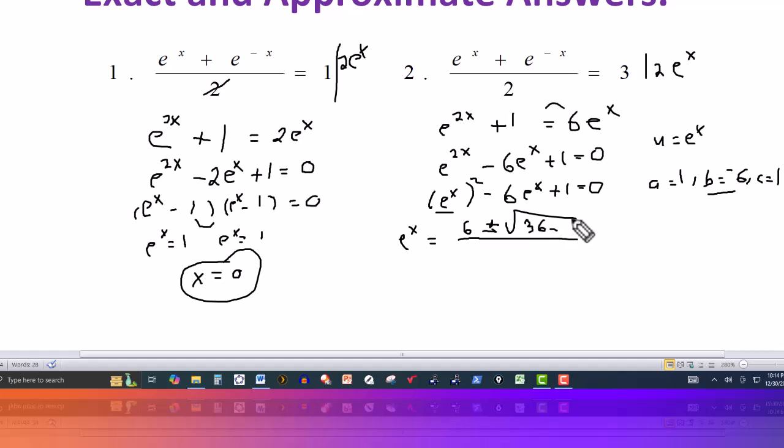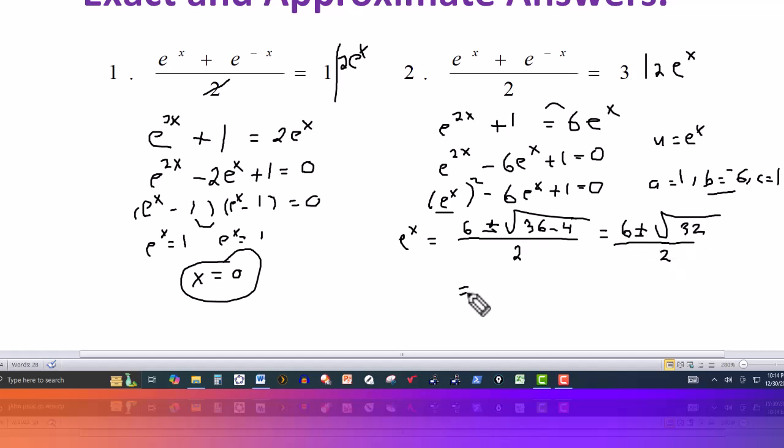And it's minus 4ac. A is 1 and c is 1. So I get this, and then it's over 2 times a. A is 1, so this will be 2. This will equal 6 plus or minus the square root of 36 minus 4, which is 32, over 2.